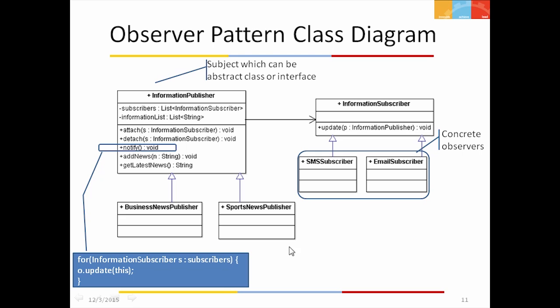So this notify is calling the update method, which is this. This is how the subscribers are getting notified. Look at this, that when it's updating, it is passing its own parameter, this. So it is passing a self pointer, because the subscriber might want to do something more when they are notified. For that reason, this is passed.